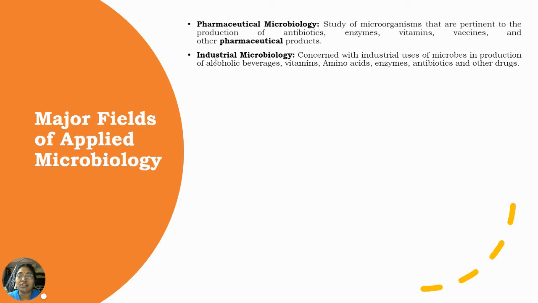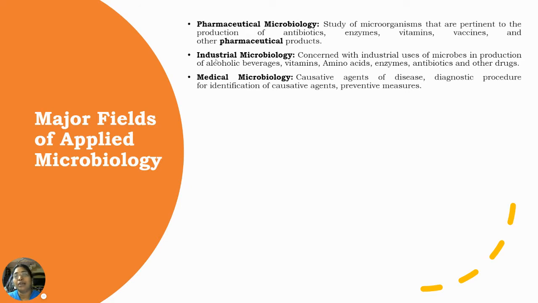Coming to the next branch under applied microbiology, medical microbiology, which is one more important one. Under medical microbiology, we are applying microbiology to medicine. Under medicine, we are studying the causative agents of disease.